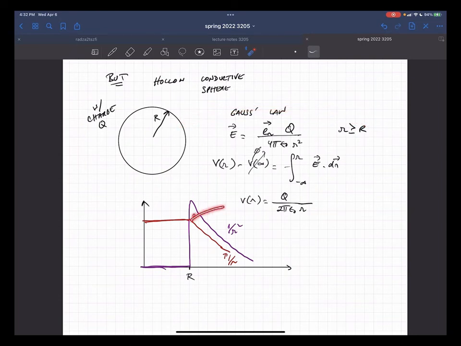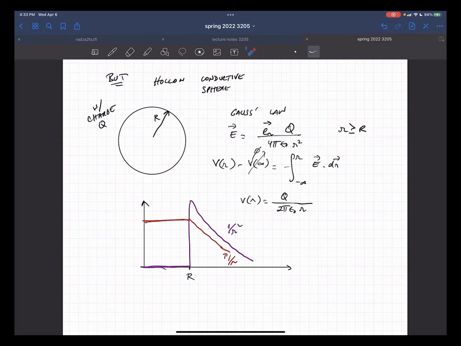You did all this work to get the charge to the surface, and then as you move toward the center, you're adding 0 additional work, which means the potential doesn't go to 0. It just stays at what it was at the surface of the sphere. So do remember that effect.